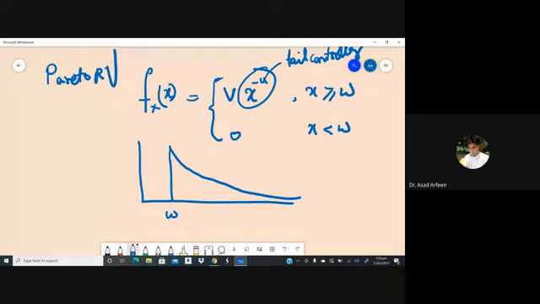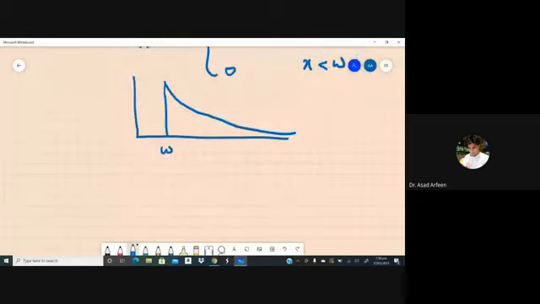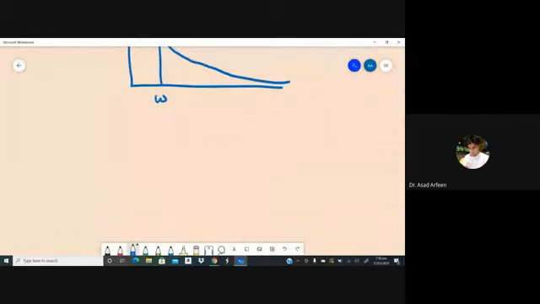And you know the property here, as one of our friends mentioned, that the area under the curve, the entire curve, is equal to 1.